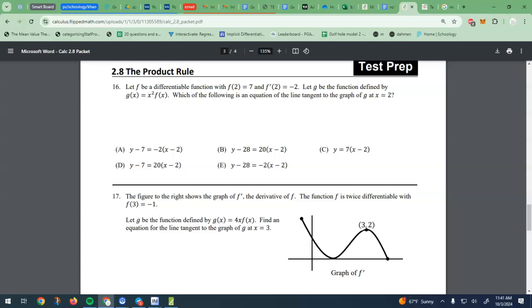We're supposed to use the y value of g. So plug 2 into that. So g of 2 is 2 squared times f of 2. 2 squared is 4. F of 2 they gave me, 7. And so it's actually this one, 28.